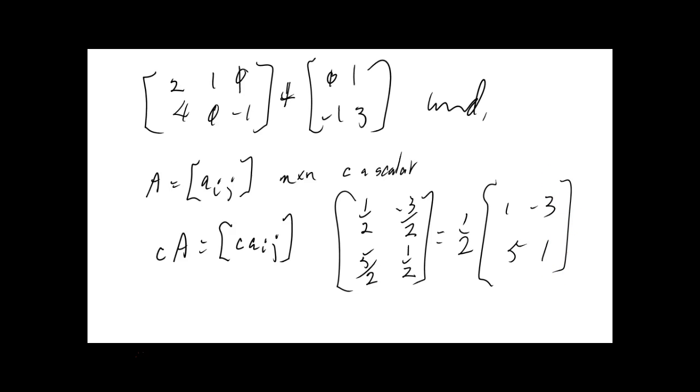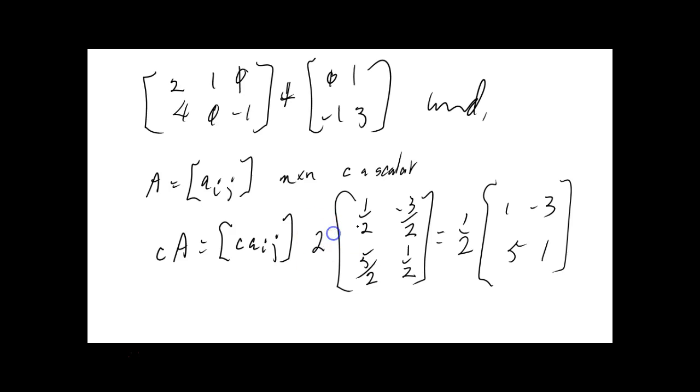Why would you use a scalar there? Why didn't you just use 2, multiply by 2 and write it out? Multiplying by 2 is changing the matrix. This is the same. Multiplying by 2 would have produced something else that's not the same thing.